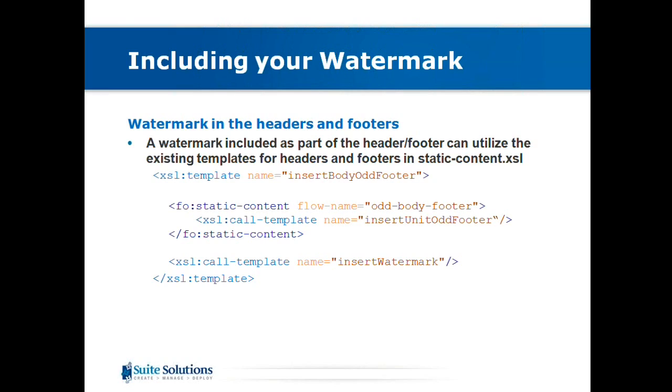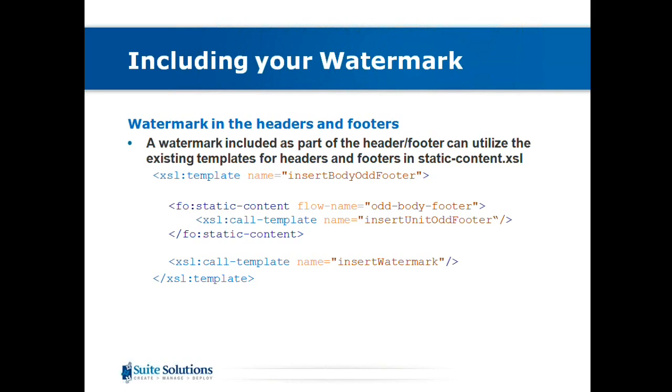This first section here might be the default contents of this template. It's defining static content and calling a template called insert unit out of footer, which is inserting whatever information it's already inserting in the footer.